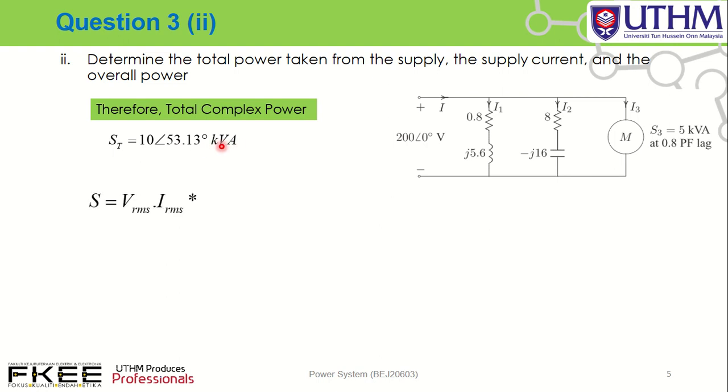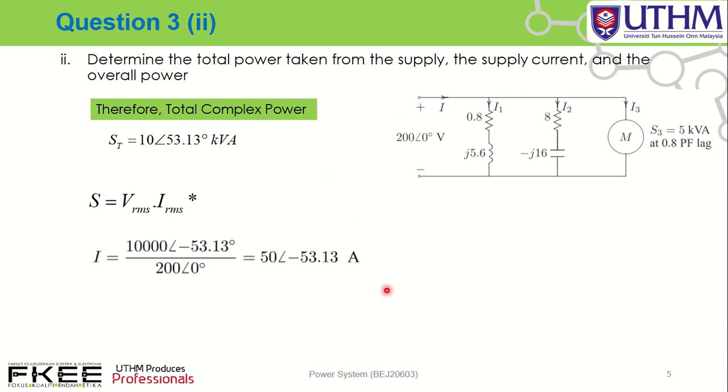From S we can calculate the current because S equals V RMS times I RMS conjugate. So I RMS equals S conjugate divided by V conjugate. Because of the conjugate, the angle changes from positive to negative. So we get a current of 50 angle minus 53.13 ampere. This is the supply current.